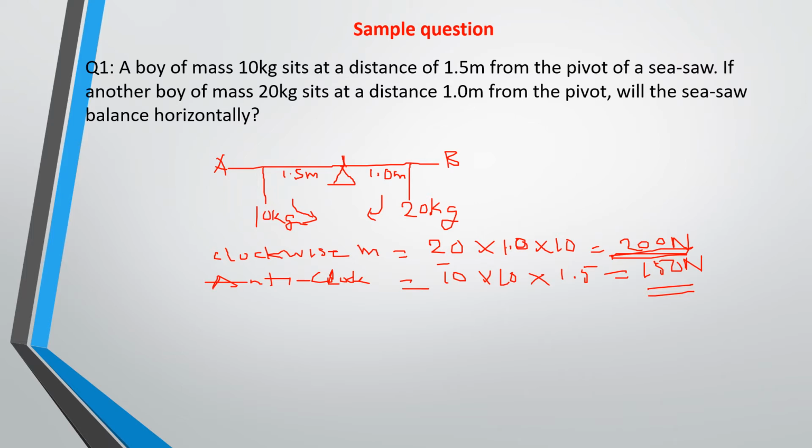So this seesaw will not balance, but it will tilt towards the boy that has the greater weight. So simply put, that is just it. All right, so I think this one is clear and simple. I hope this is understood. All right, so let's take another question.